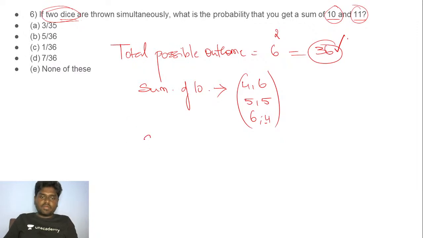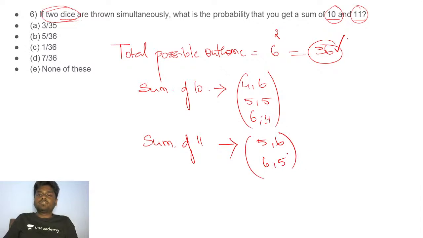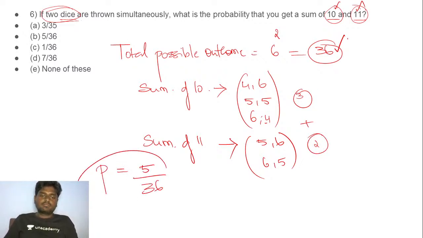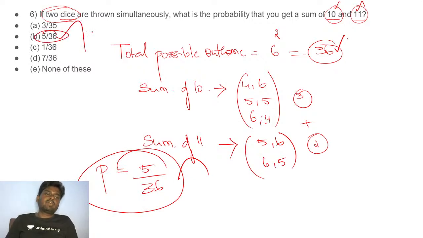And if you want to find the sum of 11, this could be 5, 6 and 6, 5. These 2 samples will give you the sum of 11. So they are asking you to find the sum of both 10 and 11. So you have 3 plus 2. How many samples have you got? 5. So the probability is going to be 5 by 36. That's it. So 5 by 36 will exactly give you the probability that you get a sum of 10 and 11. Okay.